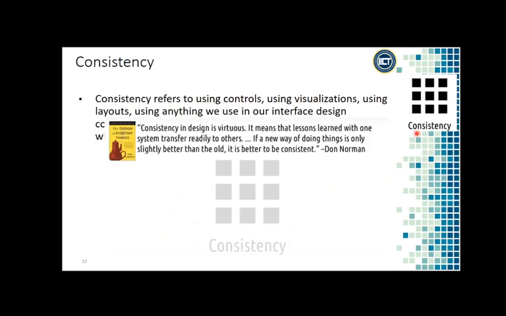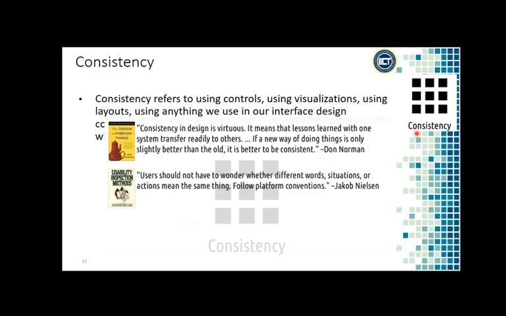Of course, there will be times when new ways of doing things are significantly better than the old, and that's how we make progress and advance. But if we are only making tiny iterative improvements, it might be better to stick with the old way of doing things, because users are used to it and are able to do it more efficiently.